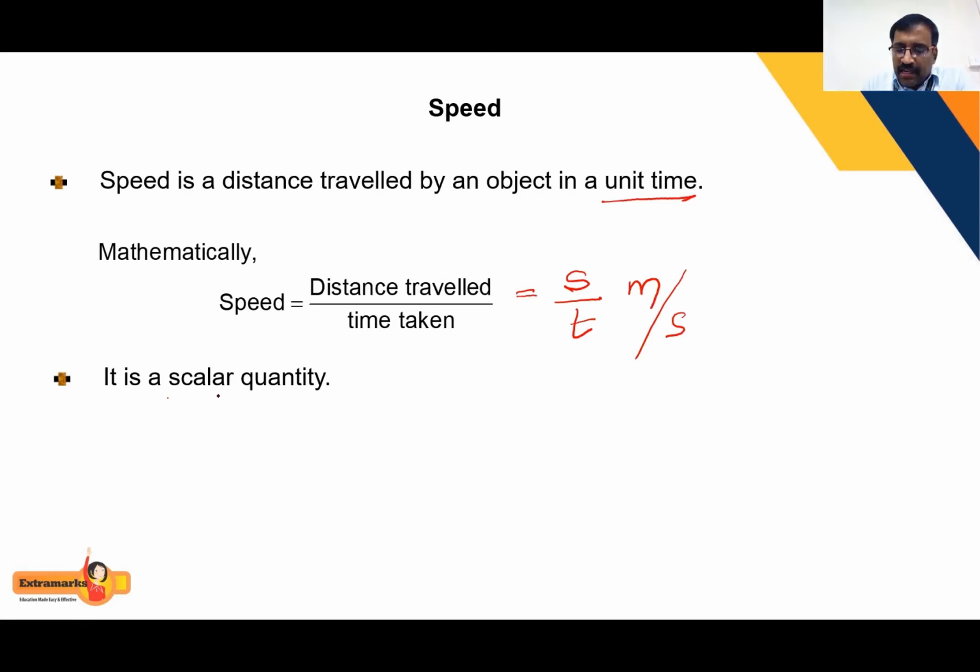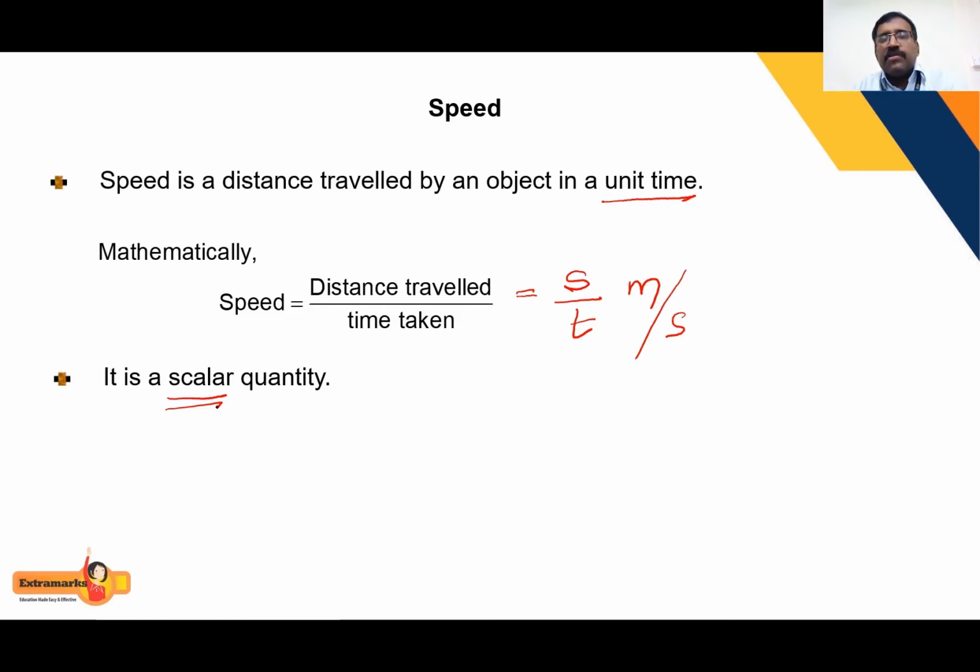And it's a scalar quantity. What do you mean by scalar quantity? A scalar quantity must have magnitude, and it may have direction, but it should not obey the properties of vectors, in the sense that the law of vector addition is mainly considered.